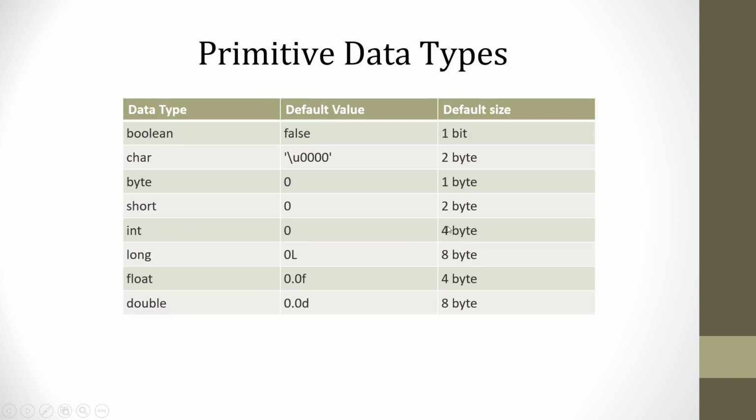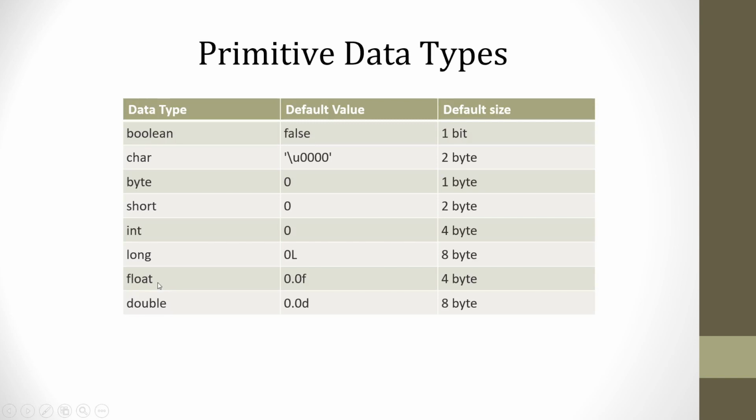When we want to store a very small value, we can go for 1 byte, that is byte. If we need to increase the size, we can gradually move to short or int. So int is 4 bytes. The long is 8 bytes. So this is the default value of the long data type, and its default size is 8 bytes.